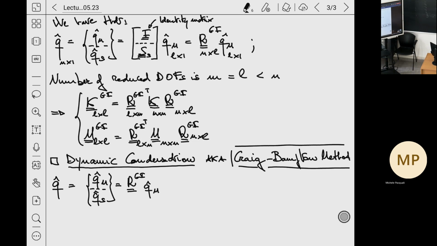Now, if you write it coordinate by coordinate, you can write as R, this is a vector, 1, for example, Gaussian iron, times Qm1, plus what?